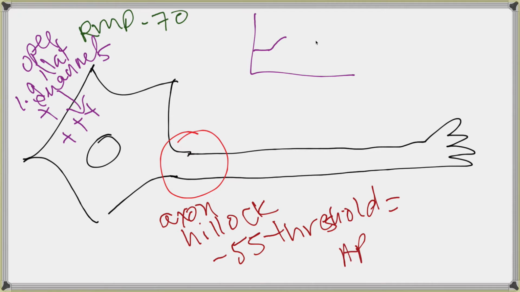Okay, so you get an action potential there. So what you need is a big change over here to cause this change over here. If you hit threshold at the axon hillock, then you're going to open a new kind of channel. And the new kind of channel will be a voltage-gated sodium channel, which are really clustered at the axon hillock.